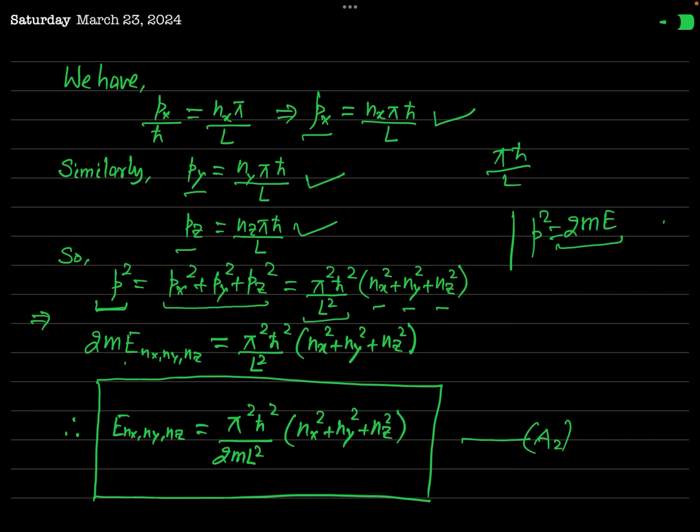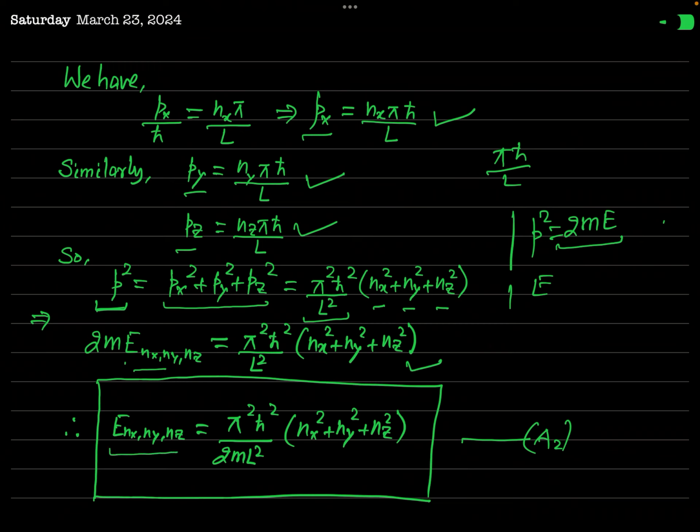Because in this case, the value of the energy E depends on the three quantum numbers. So, showing the dependence of the energy eigenvalue on the quantum numbers nx, ny, nz, I have written them as a subscript of E. Okay? So, 2m E nx, ny, nz is equal to this much.